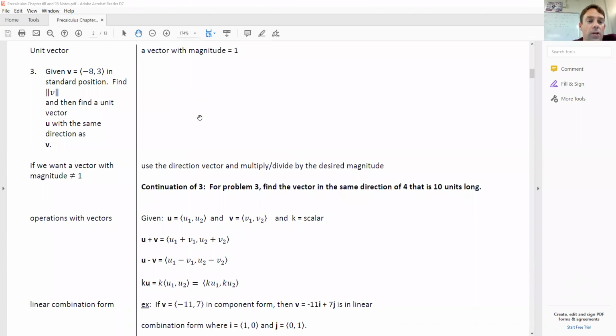So let's try this one. Given v equals (-8, 3), find the magnitude of v. So why don't you guys go ahead and start off there. Just do the first part, and then we'll deal with the rest of it later. All right, so magnitude of v, that's just going to be the Pythagorean theorem.